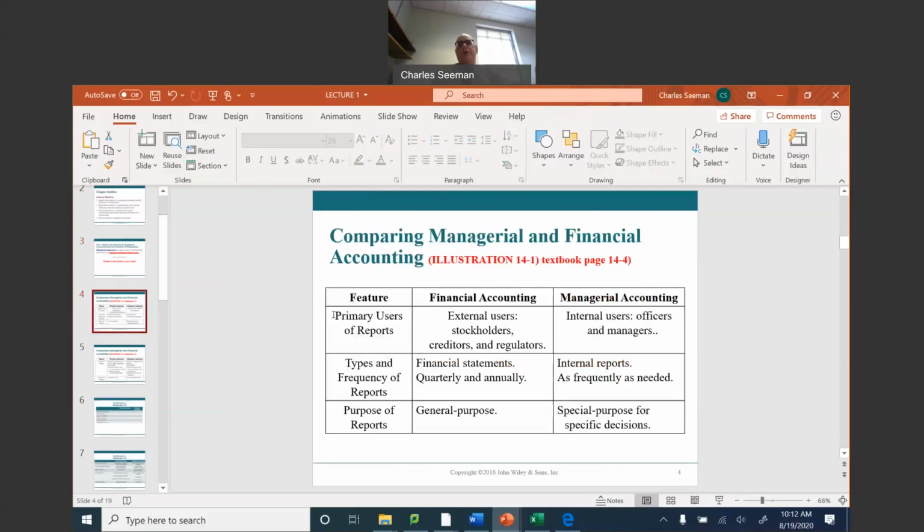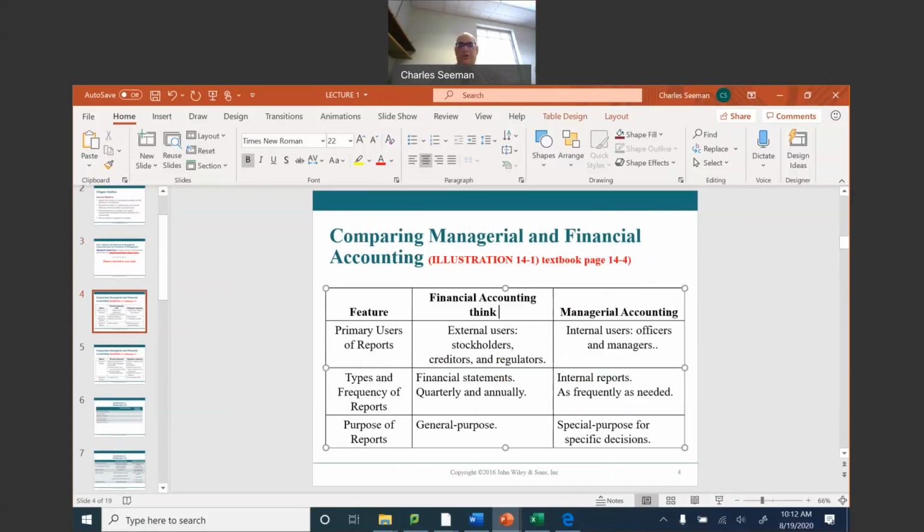So the primary users of financial reports for external or financial accounting, think external, are external users, stockholders, creditors, and regulatory bodies. For managerial accounting, it's the officers and managers of the company.